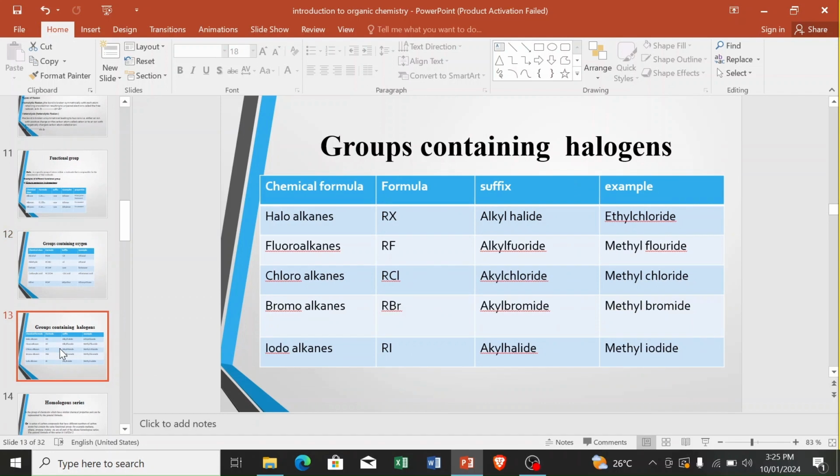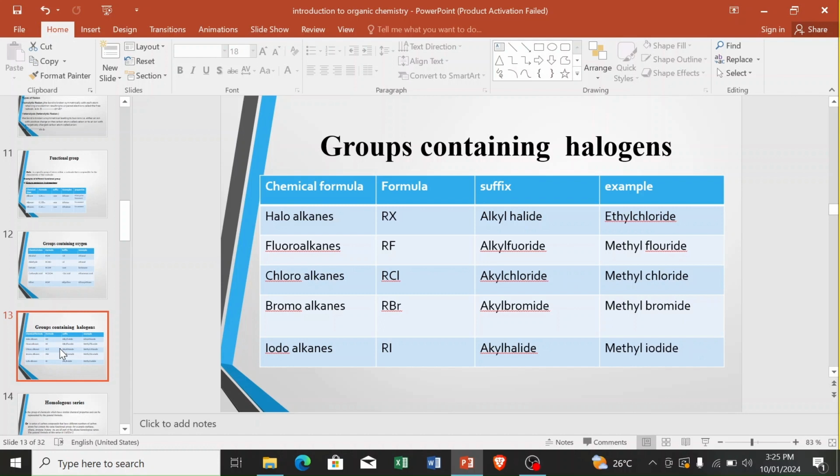And then we have a group containing halogens. Halogens are group 7 elements of the periodic table. All group 7 elements are called halogens, where we start from fluorine, chlorine, bromine, iodine, and then astatine.